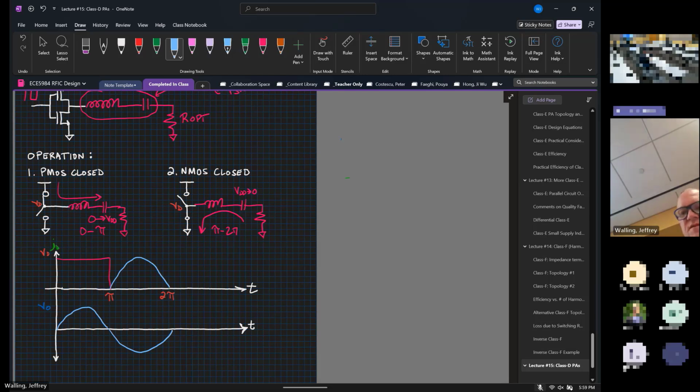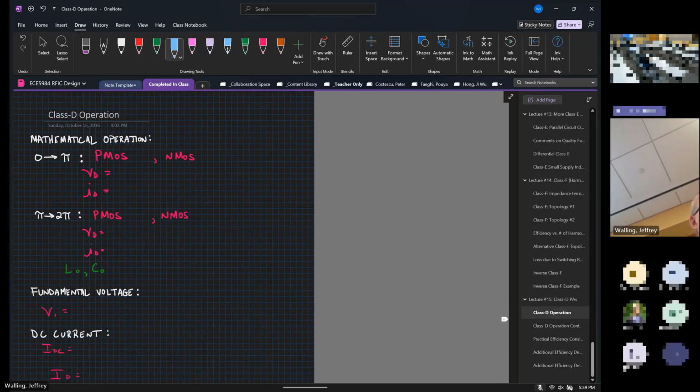Okay, we can describe this mathematically a little bit better from those waveforms. So from 0 to pi, the PMOS transistor is on, the NMOS transistor is off. Our drain voltage waveform is VDD minus any switching resistance times any drain current times the sine of omega naught t, and our drain current is equal to 0.